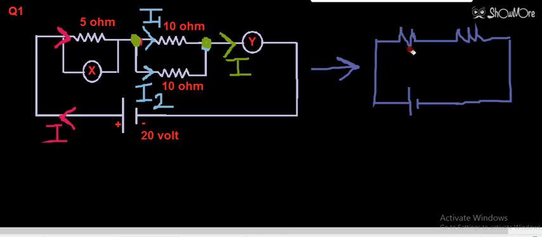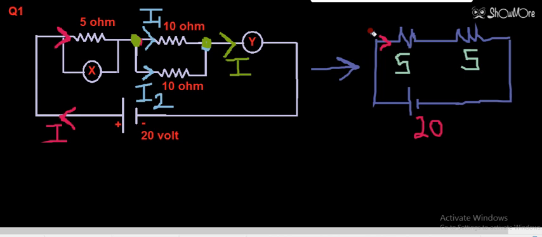This is the 5 ohm resistance, this is 10, this is also 5 ohm. Two resistances of 10 ohm and 10 ohm in parallel will combine and give me 5 ohm. This is a 20 volt battery. Now this is 5 ohm.